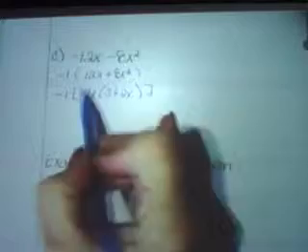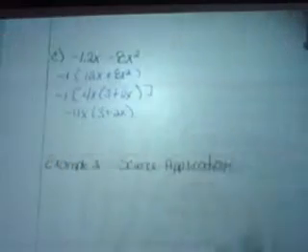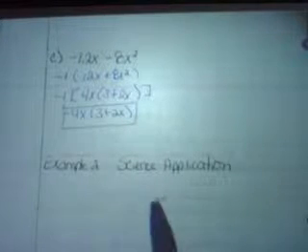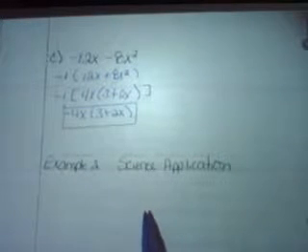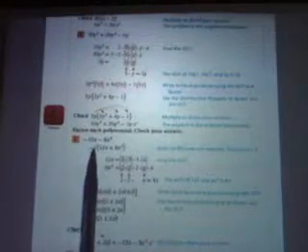Negative 1 times 4x gives me negative 4x, 3 plus 2 times x. We are now factored completely. And if you look on your example in your app, on letter C, you can see where they factored out this negative 1, and then they just brought it all the way down as they continue to factor.